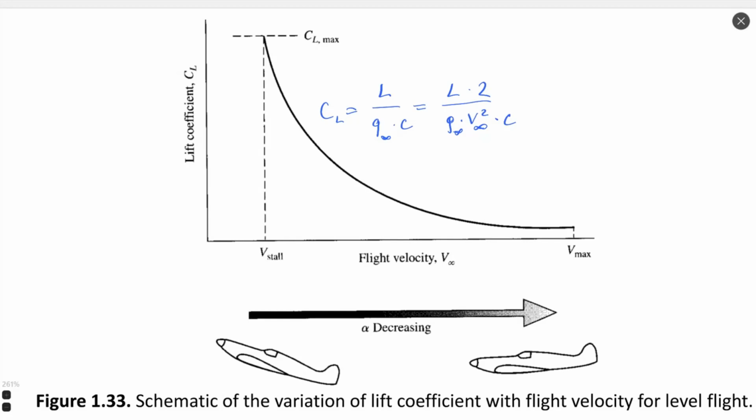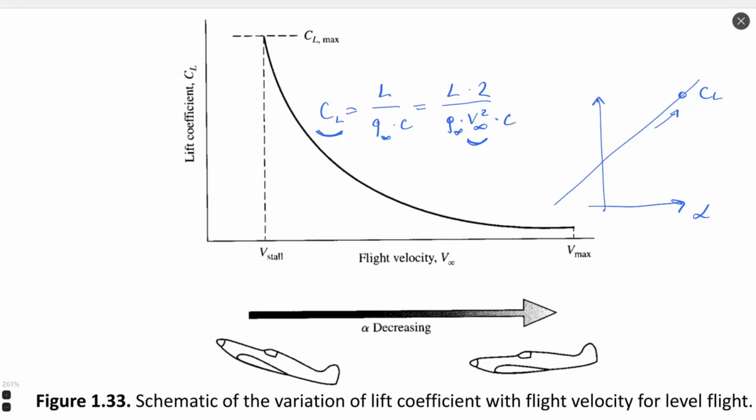So what we see when we combine this equation with the CL function of angle of attack: smaller CL, smaller angle of attack, this part becomes smaller, right? And it means that velocity becomes bigger. And vice versa, when we increase angle of attack, our CL becomes bigger.